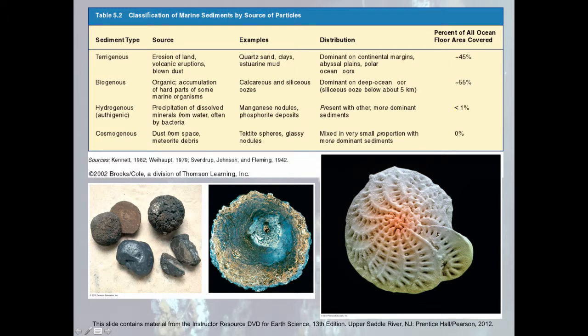And then this is a highly magnified image of what's called a foraminifera, which is a type of planktonic microorganism, usually photosynthesizing, that generates a beautiful calcium carbonate shell or calcite limestone shell.